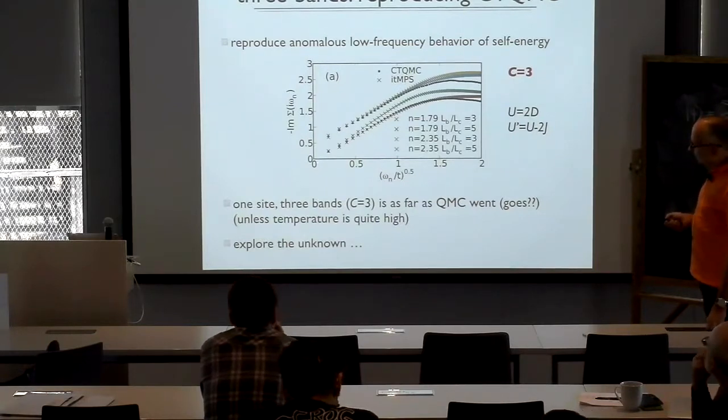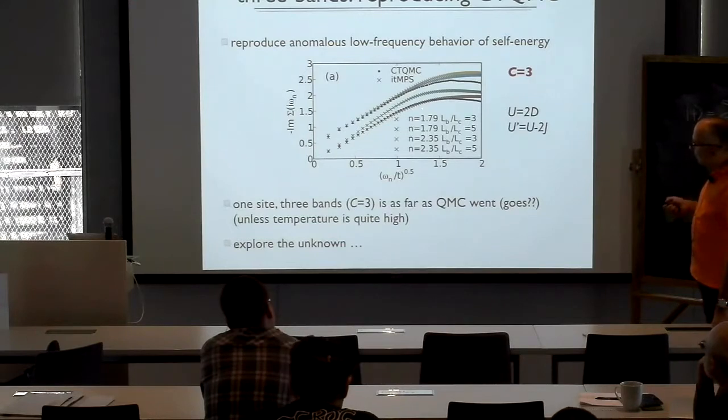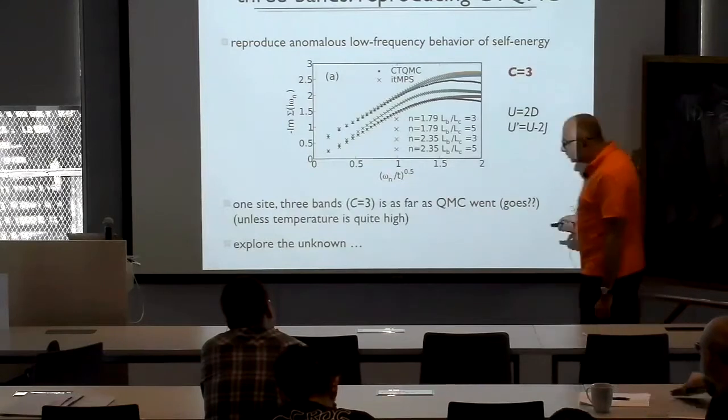I don't want to go into the physics at the moment, but what you can see is the dots are what they had found with CTQMC. This is what we get, these crosses, and you see when we make our baths larger, the agreement actually starts being very good.